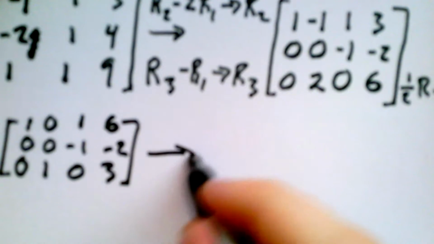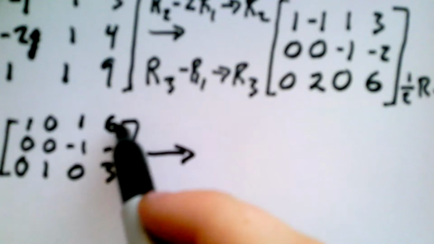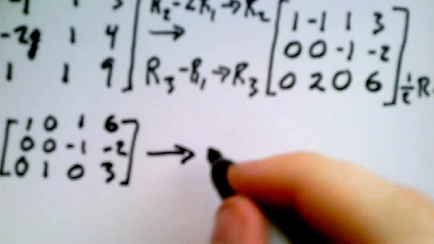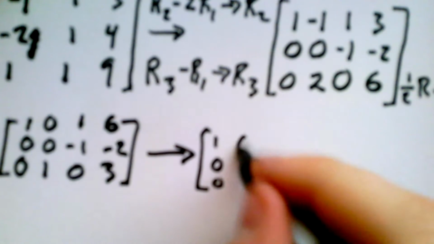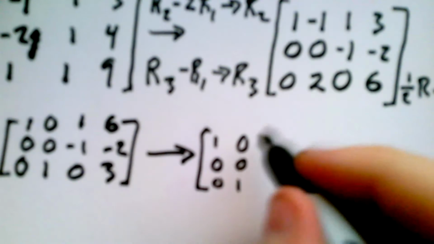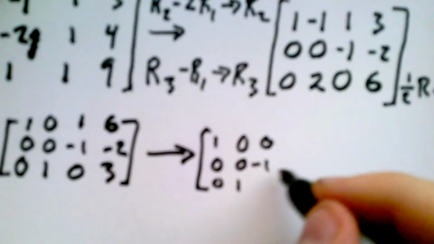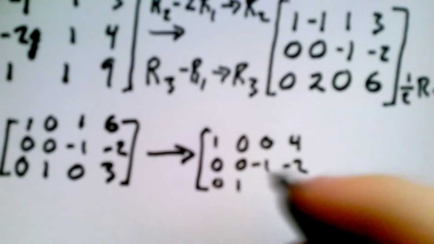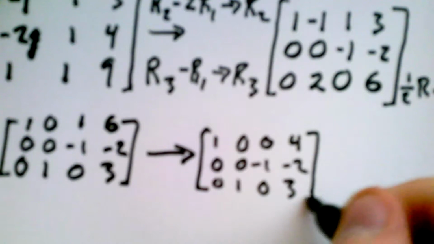And then my last move, I'm going to take this row here and add it to this row here. So the second row plus the first row to kill off this 1. I get 1, 0, 0, 0, 0, 1. Negative 1 plus 1 is 0. Negative 2 plus 6 is 4. I didn't change the third row in this operation.